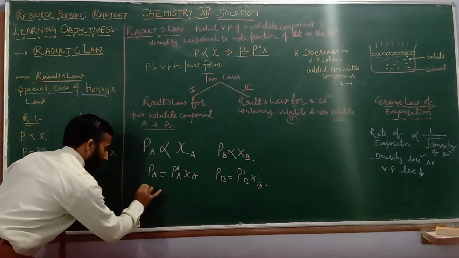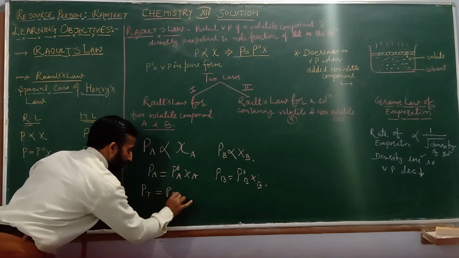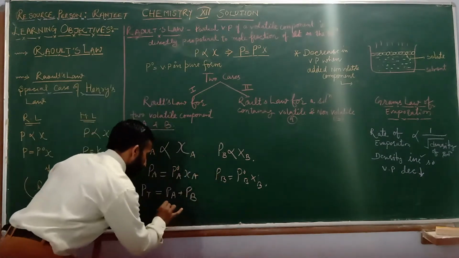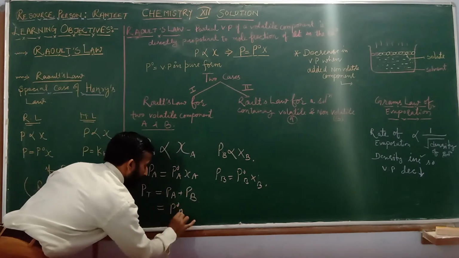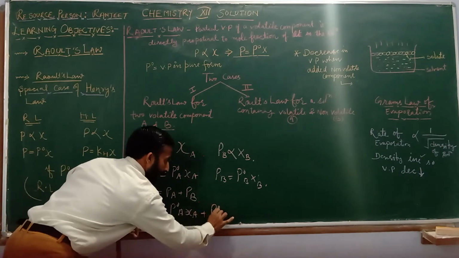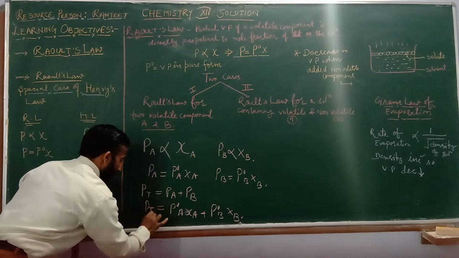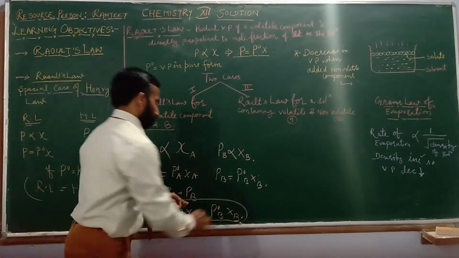What is the total vapor pressure? P total will be equal to PA plus PB. And their values are here. So we can write P total equals P naught A XA plus P naught B XB. This is our P total.